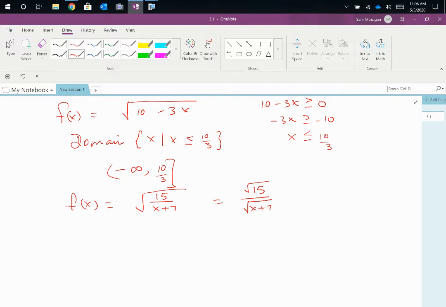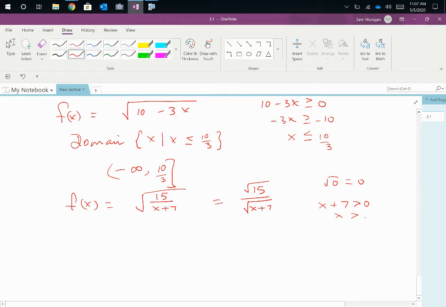But if we were to get 0 on the denominator, in this case, if we were to substitute negative 7, then we would have the square root of 0, which is equal to 0. So in this case, we can't take greater than or equal to. We only need to take greater than.